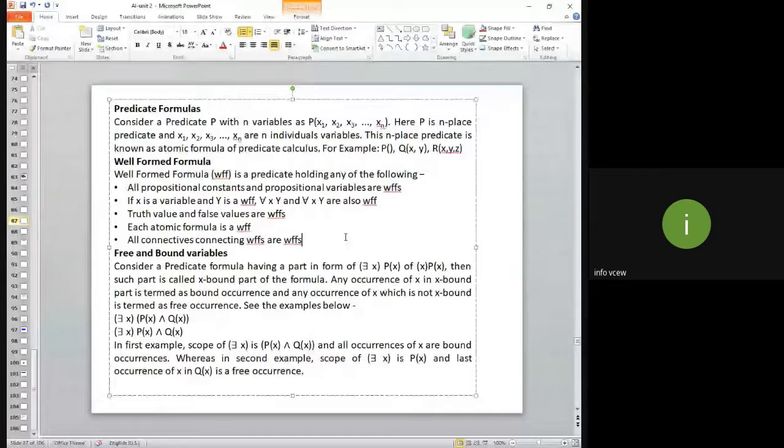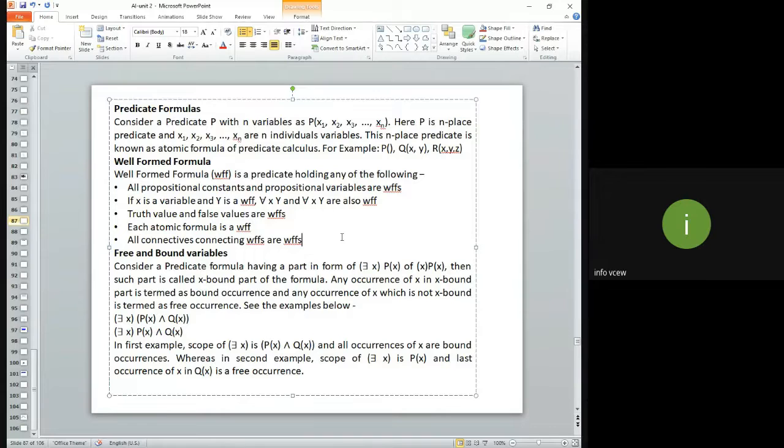If x is a variable and y is a well-formed formula, then for all x, y and there exists x, y are also well-formed formulas.